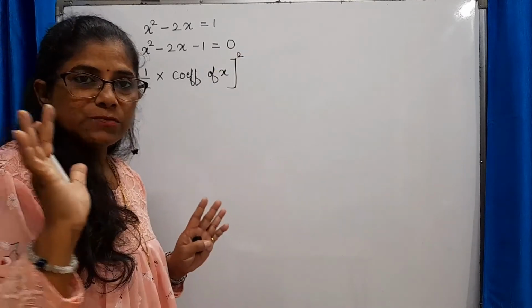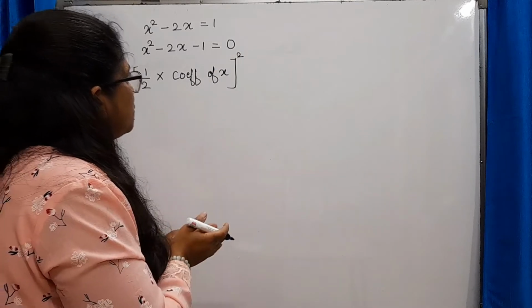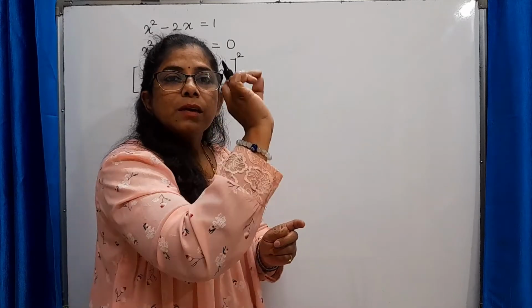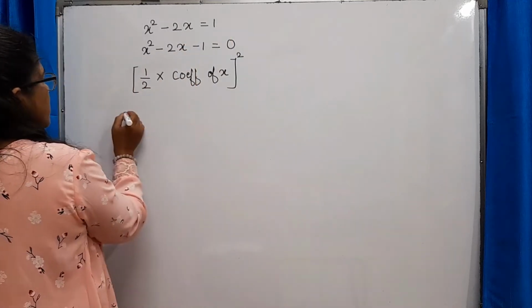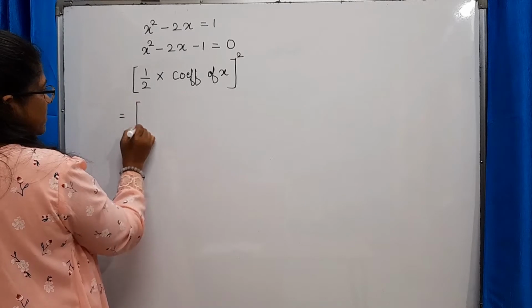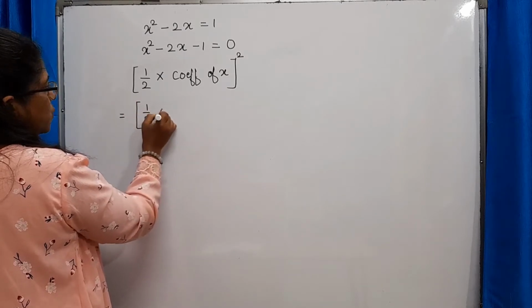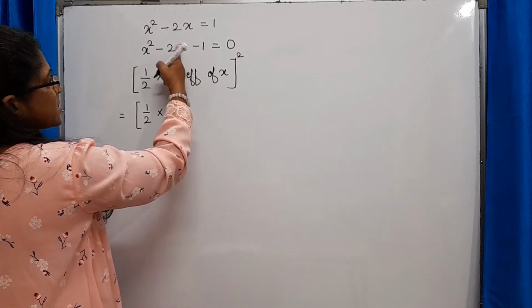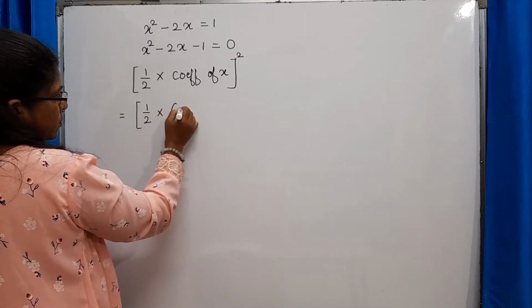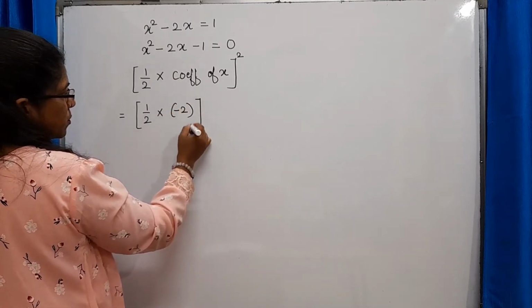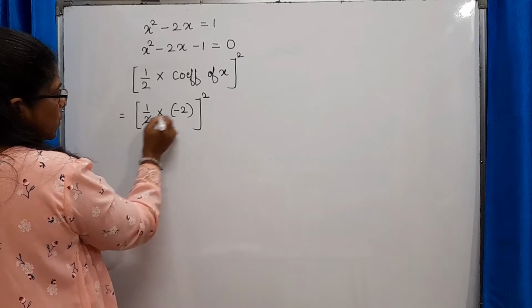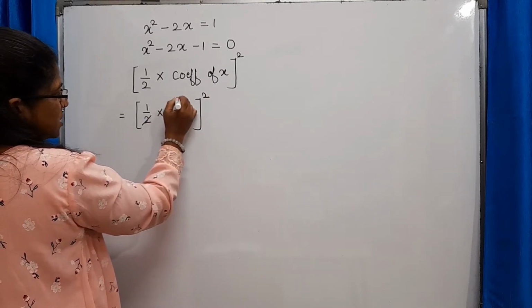We have to find this value: half into coefficient of x and square of it. So in this case, half into coefficient of x is minus 1, and the square of it. Minus 2 into one half is minus 1, but it's a minus sign.